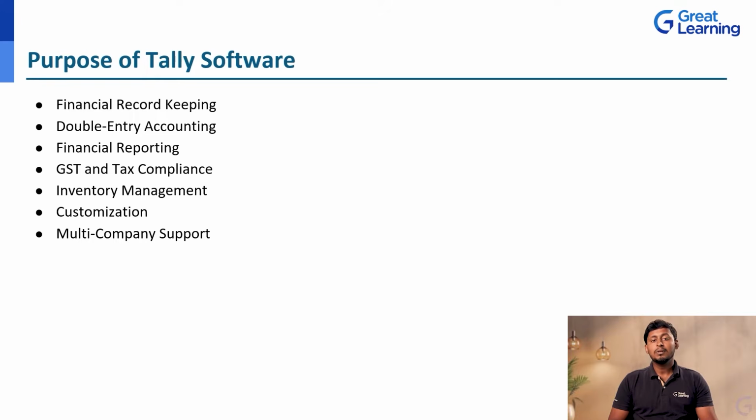Just an example: purchase of plant and machinery, paid in cash, 50,000. Here, which are the two side effects? First one is the plant and machinery asset coming to the business. That is one side effect, correct? On the other side, if plant and machinery comes, something needs to go out, correct?